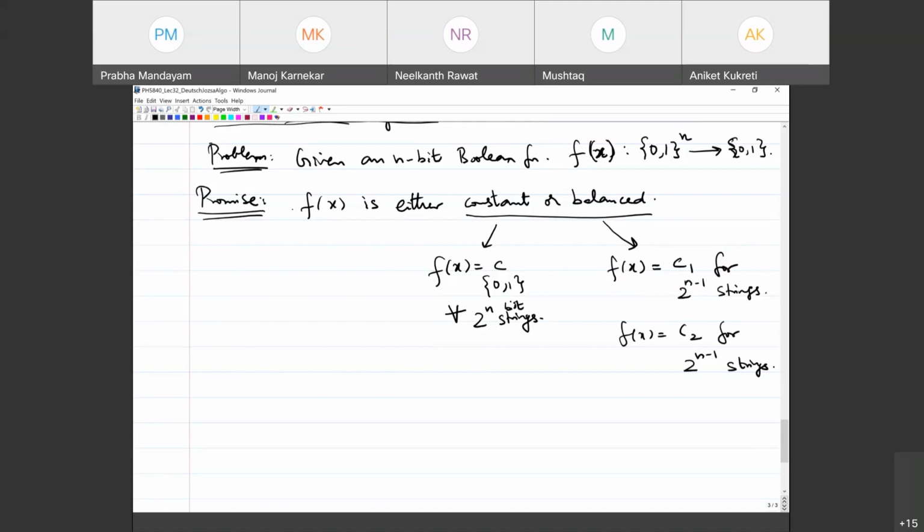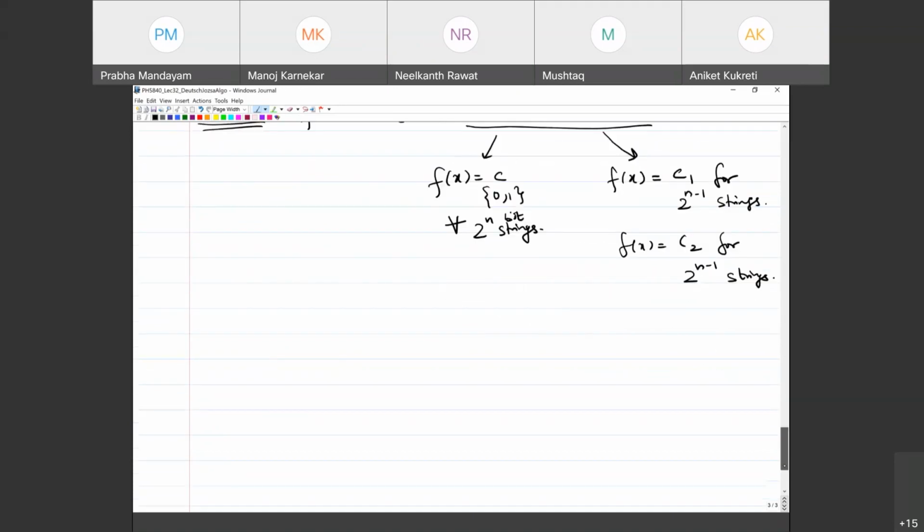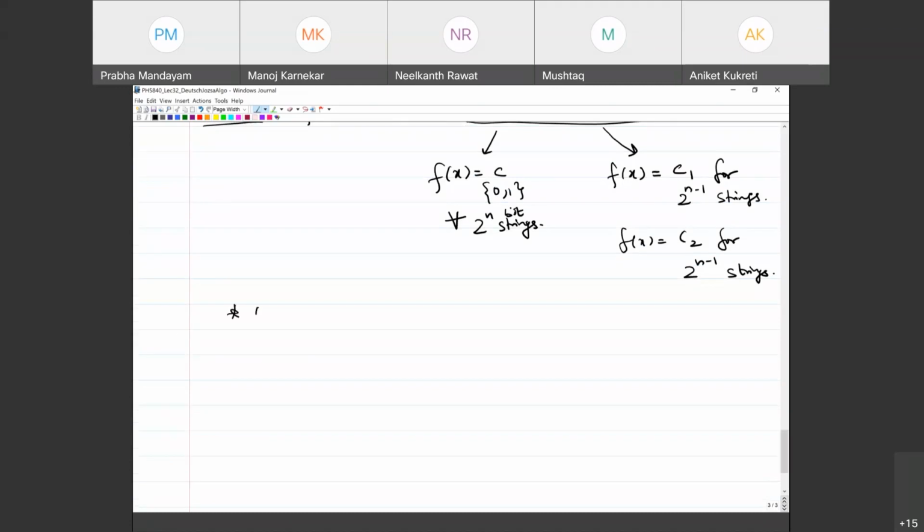Okay, so once again, classically, I have an oracle which now takes, if each of these lines represents a bit, so then there are n bits, right? It takes an n-bit input and gives you a single bit output, right?